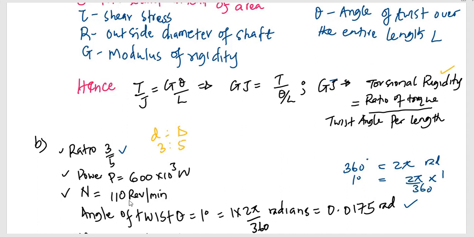The angle of twist is 1 degree, and from the fact that 360 degrees are equivalent to 2 pi radians, 1 degree will be 1 times 2 pi out of 360, giving us 0.0175 radians.